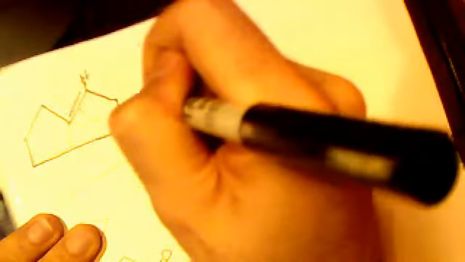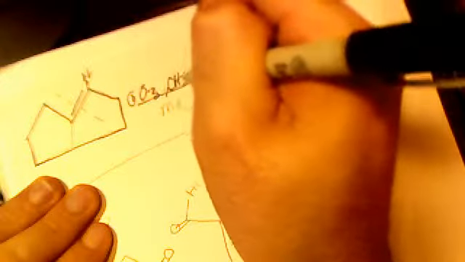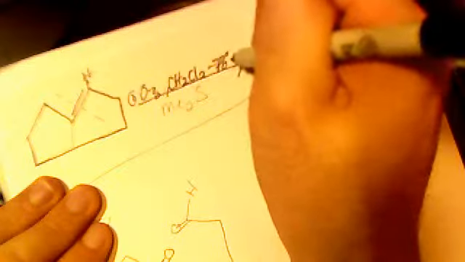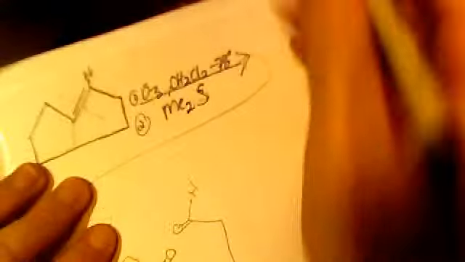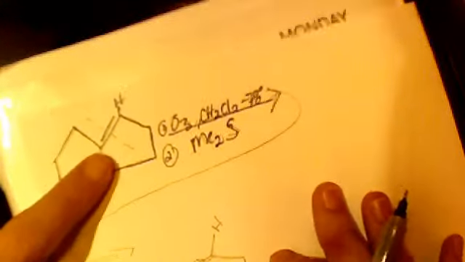Alright, so now we're going to do ozonolysis of this alkene. So first we're going to treat it with ozone and methylene chloride at -78 degrees Celsius, and then we're going to treat it with dimethyl sulfide. So wherever the double bond is, it's going to cleave there, put that like kind of dotted line.